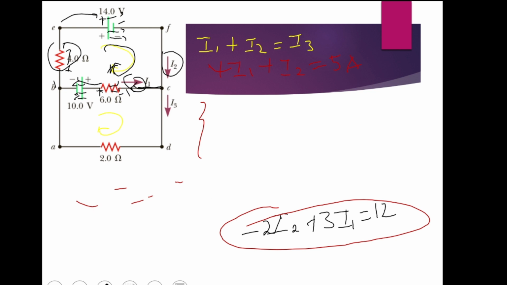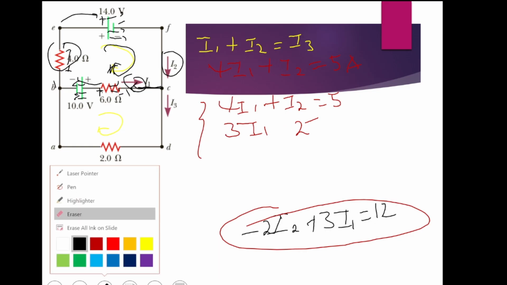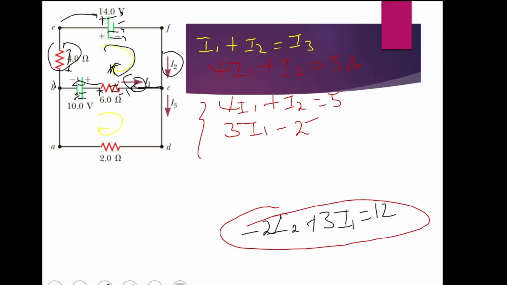We can use simultaneous equations for solving 2 linear equations that have 2 variables. So 4I1 plus I2 is going to be 5, and this is 3I1 plus 2I2 is going to be 12.